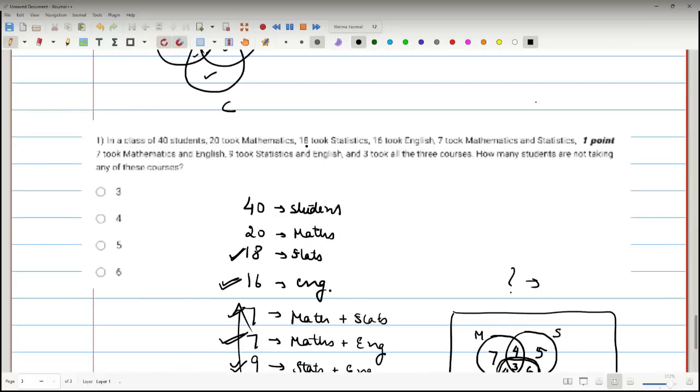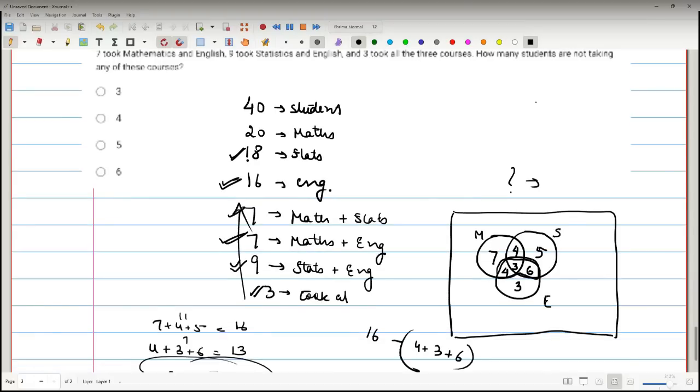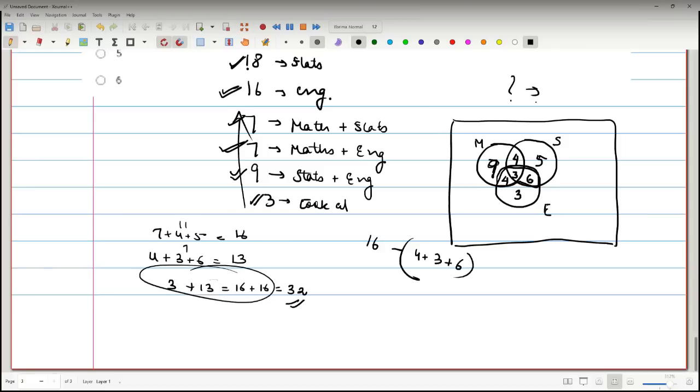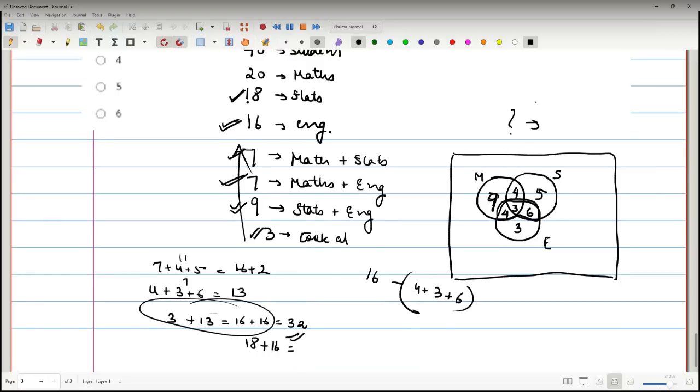Are you sure that 20 took maths and 18 took stats? Maths only is 9. Let me check.